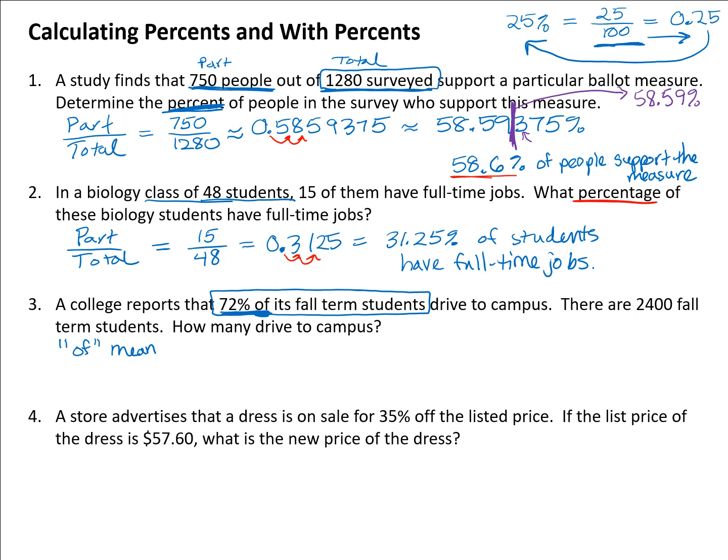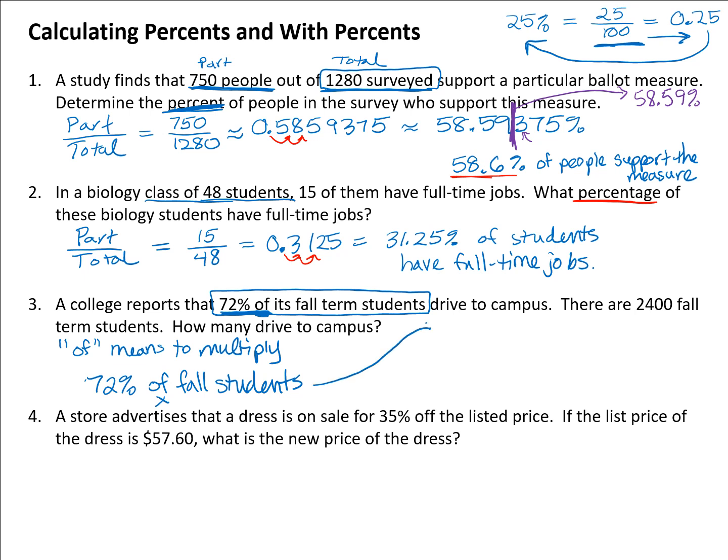So the "of" there that comes after a percent means to multiply. So when we see 72% of fall term students, I'm going to abbreviate to fall students here. What this is saying is multiply 72% and the number of fall students. So that "of" means times.